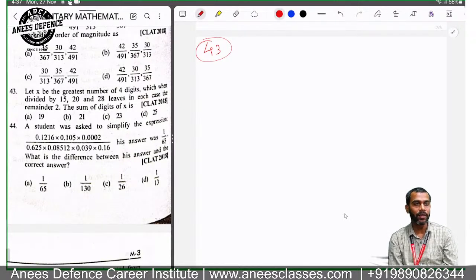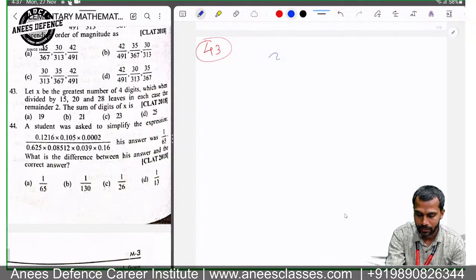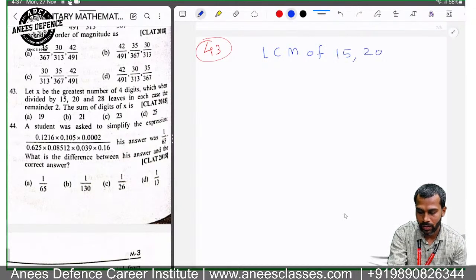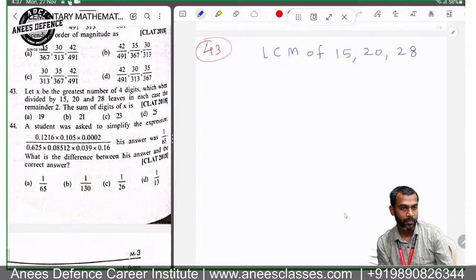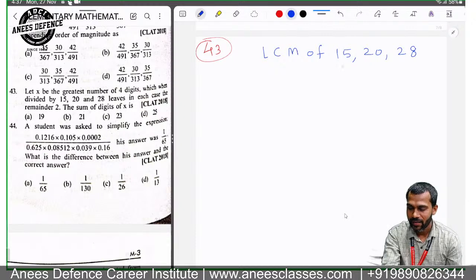So we need to find the LCM of 15, 20, and 28. How to find the LCM?